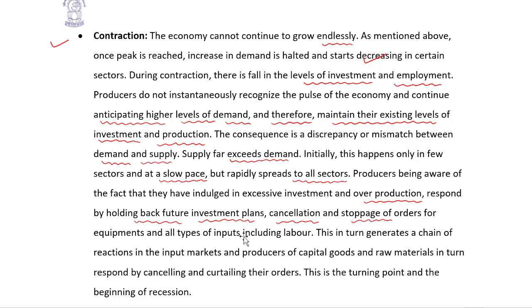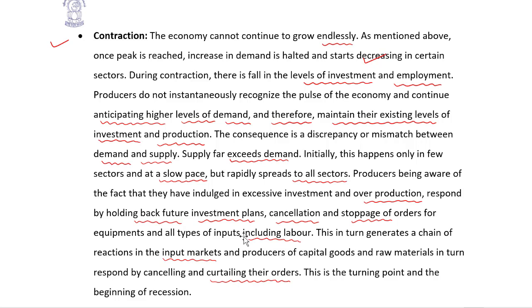cancellation and stoppage of orders for equipment and all types of inputs including labor. This in turn generates a chain of reactions in the input markets, and producers of capital goods and raw materials in turn respond by cancelling and curtailing their orders.